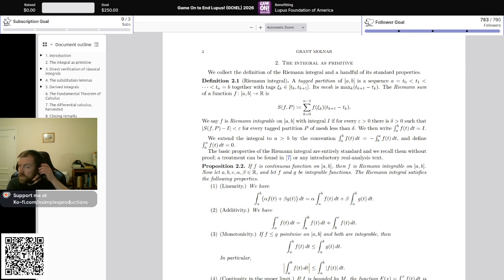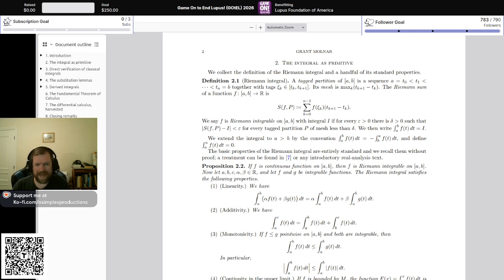In other words, taking the integral of alpha f of t plus beta g of t dt gets us alpha times the integral from a to b of f of t dt plus beta times the integral from a to b of g of t dt.